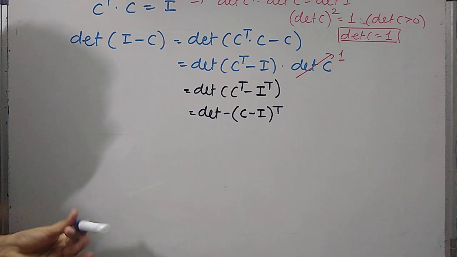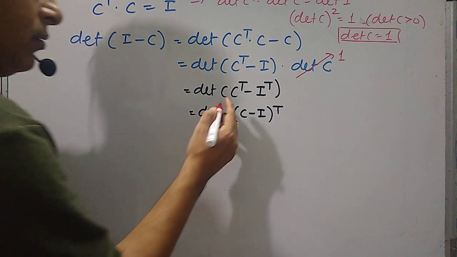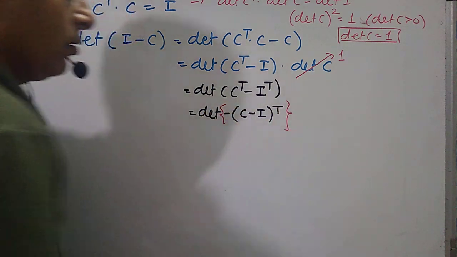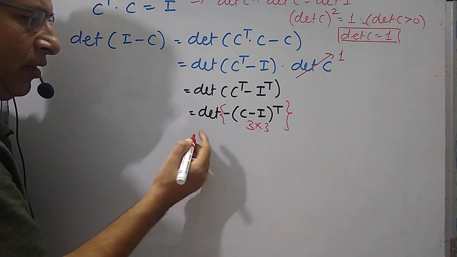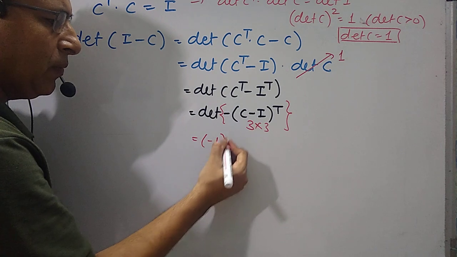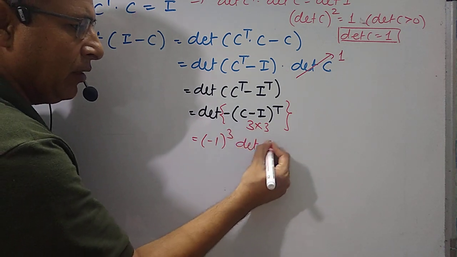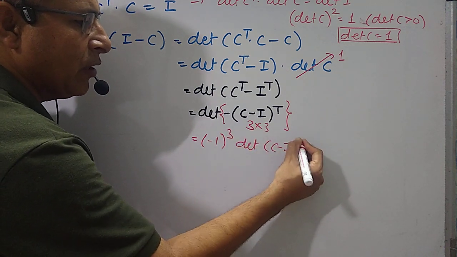Alright. The order of this matrix is 3 by 3, so this minus sign will come out as (minus 1) whole cube, times determinant of (C minus I) whole transpose.